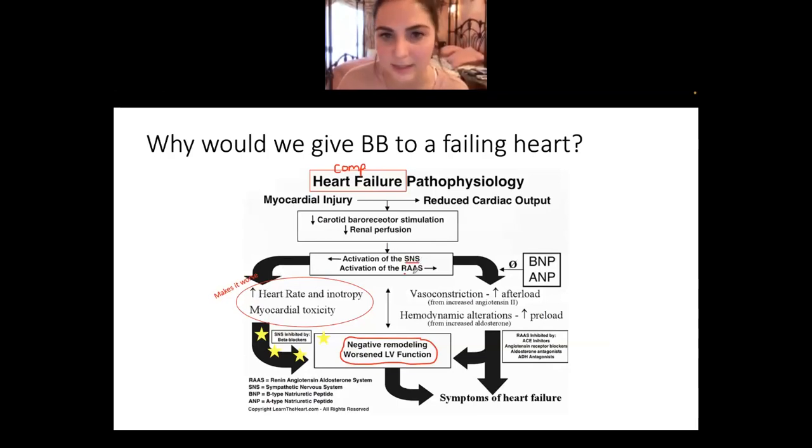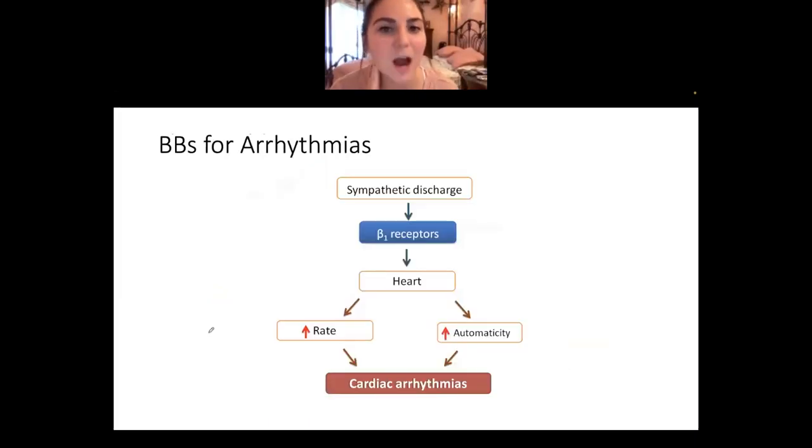The body thinks that it's in hemorrhagic shock, so it's activating the SNS and the renin-aldosterone-angiotensin system. It's making it worse, but you can at least limit this remodeling by giving a beta blocker. Does that make sense? It's really kind of weird to think you're making a heart beat less, even though with heart failure you're like, isn't it struggling to beat anyway? It's not decompensated heart failure. It's compensated heart failure. You just don't want that remodeling to occur.